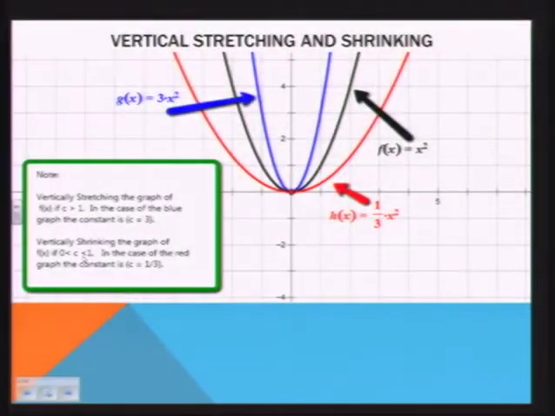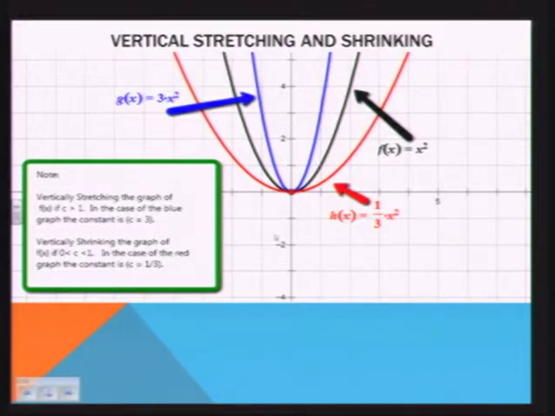A vertical shrink of the graph of f of x has restrictions between 0 and 1. So note, the red graph, where 1/3 is a constant with restrictions between 0 and 1, will give you a graph of a shrink. In this case of the red graph, the constant is, like I mentioned, c equals 1/3.